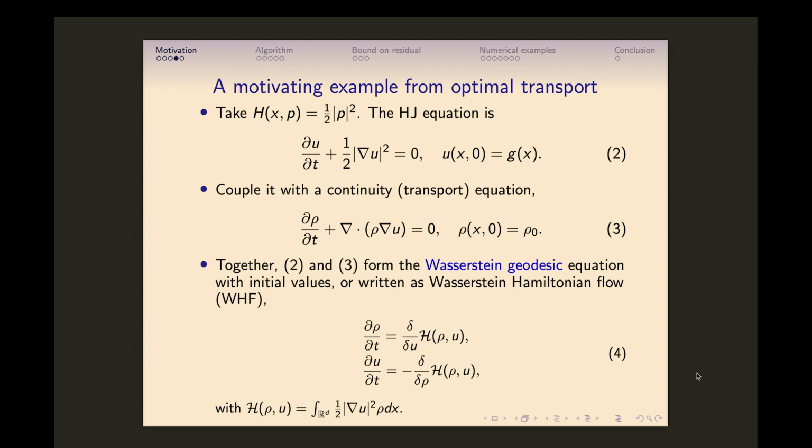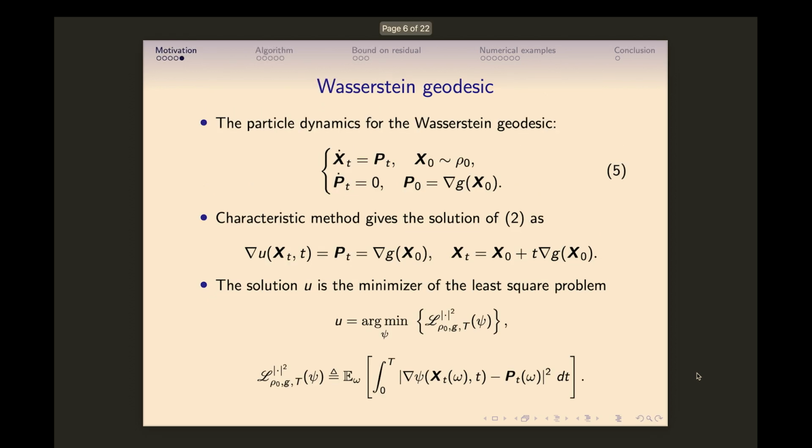Of course, this has a perfect explanation in classical mechanics. You can think of this as a particle motion in the standard way: I sample a point according to the initial density, and then move forward according to a Hamiltonian system, which is the bicharacteristic, because I lift up into the phase plane, right?